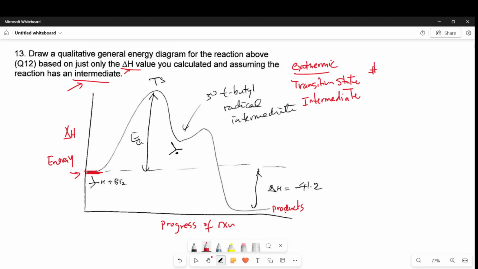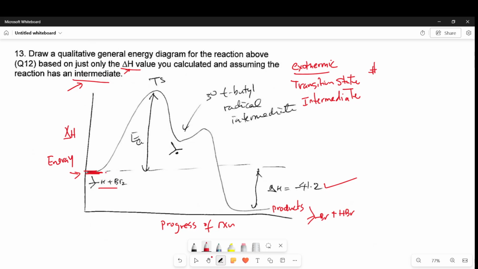The products were, I believe, bromine plus HBr. So the energy of the products is less than the energy of the starting materials. That's why delta H is minus 41.2 by this amount.